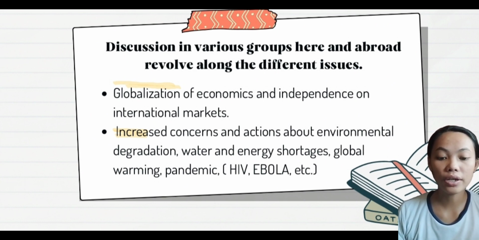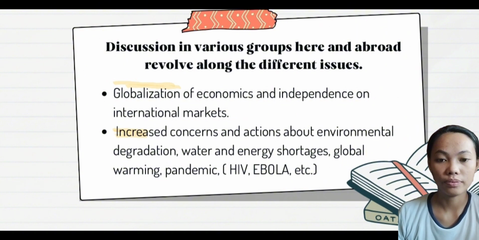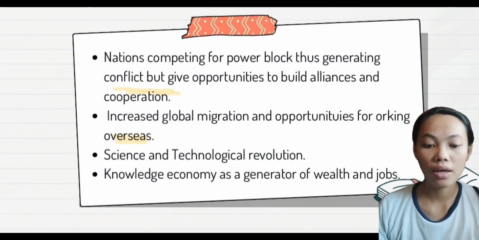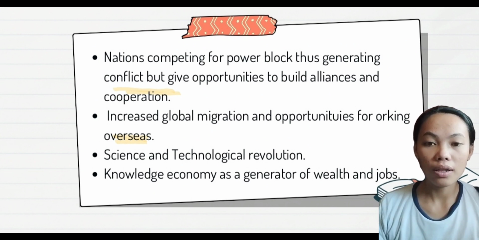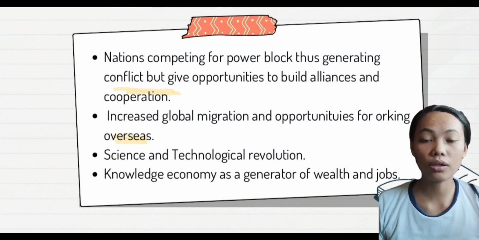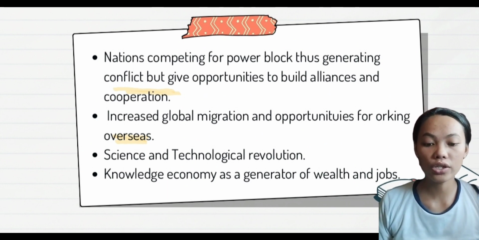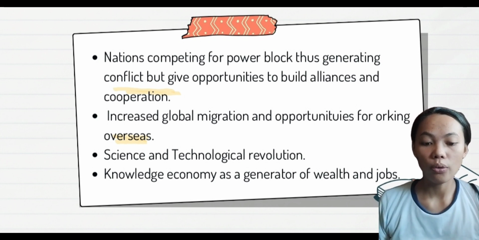Second, increased concerns and actions about environmental degradation, water and energy shortages, global warming, and pandemics, for example HIV, Ebola, etc. Third, nations competing for power blocs, thus generating conflict, but giving opportunities to build alliances and cooperation. The fourth is increased global migrations and opportunities for working overseas. The fifth, science and technological revolutions. The last is knowledge economy as a generator of wealth and jobs.